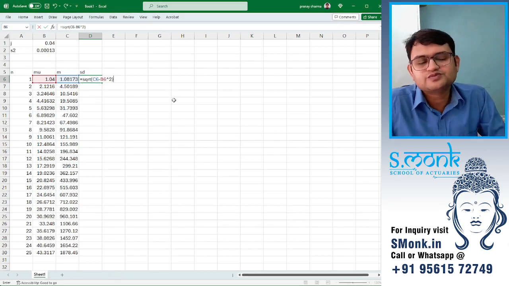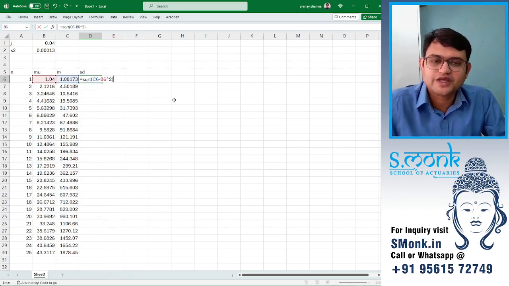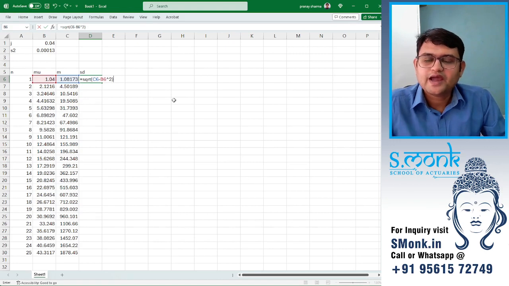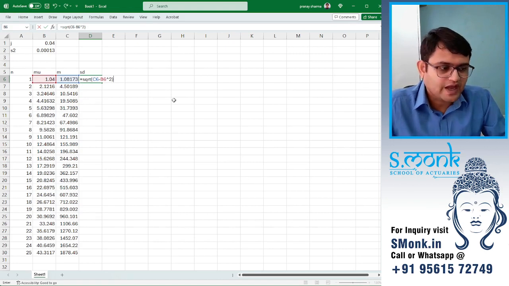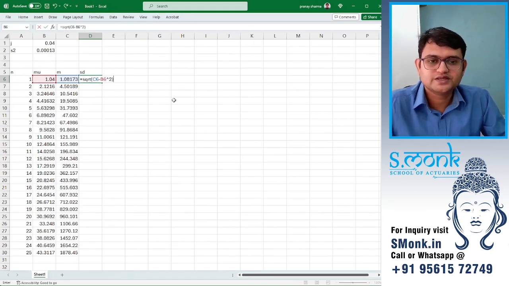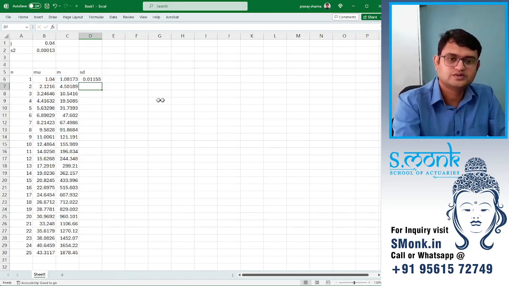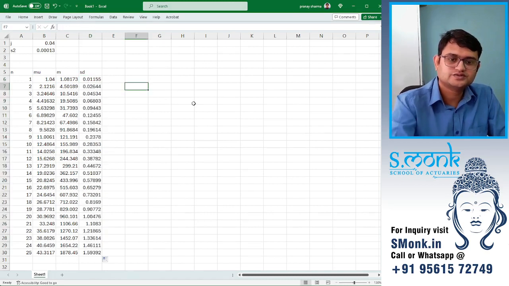Okay, m minus mu raised to 2 is going to be the variance, and taking square root of that gives me standard deviation. So directly I've got standard deviation.